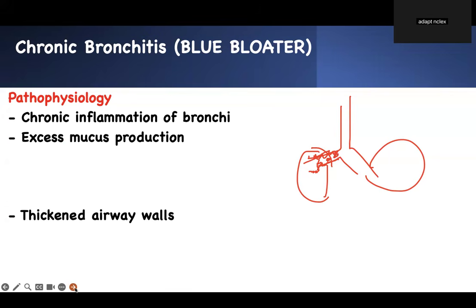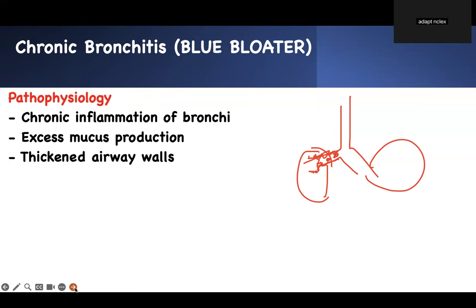What is the mucus going to do? It blocks the airway and makes the wall thicken and thicken and thicken. In the process of healing itself, it forms fibrosis, and this fibrosis leads to obstruction. That is the major problem with bronchitis.